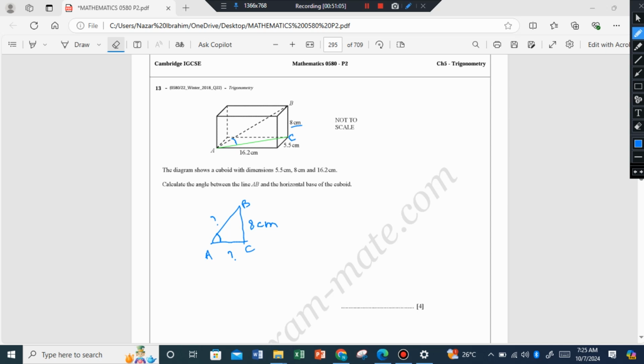So in order to find out this angle, we want two sides in which one is known. So I want to take out the second side. For that, I will consider another triangle in which I have AC, CD, and AD. From the figure, it feels that it is not a right angle triangle, but we have to consider the reality of a cuboid.